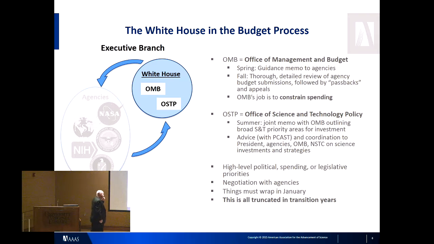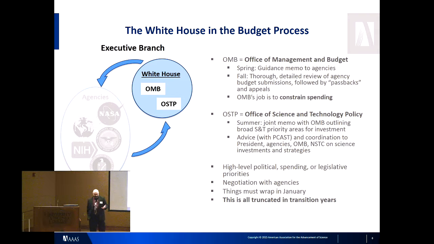The other thing that OMB has to do is serve almost as a bridge or a mesh, integrating the big picture policy and political ideas coming from the White House with the more detailed program proposals and estimates coming from the agencies.